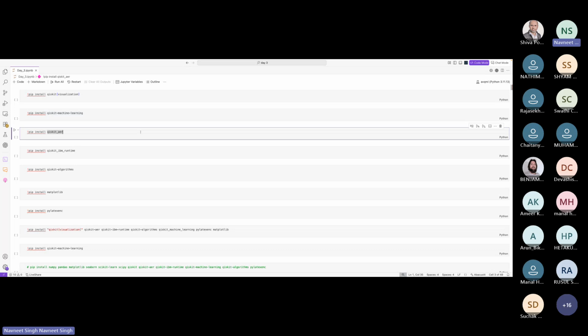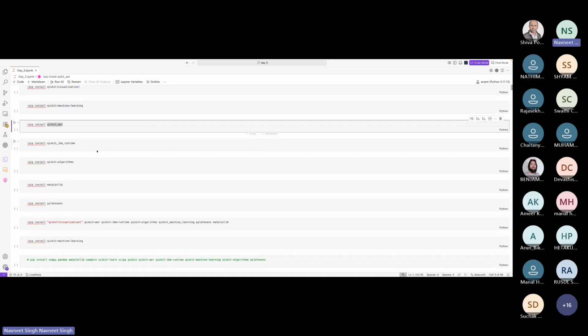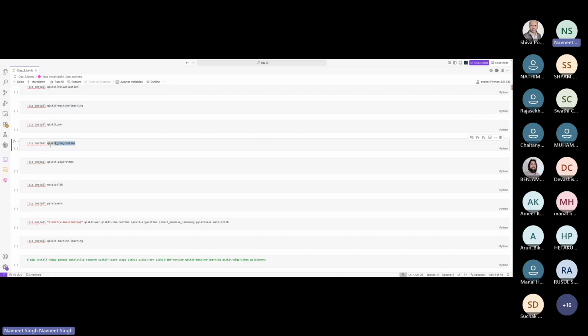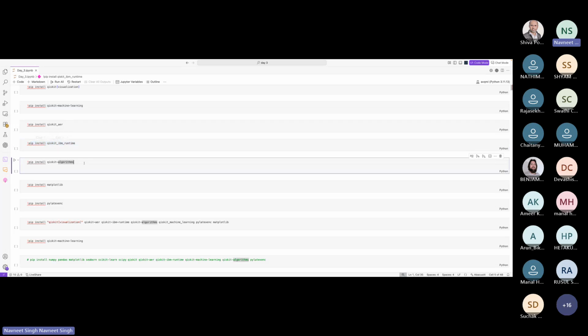If you have Linux systems, then you can also use your NVIDIA graphics cards, and if you have multiple graphics cards, you can parallelize and distribute your task on multiple GPUs. Then this is for runtime, if you want to do runtime experimentation, and this is for algorithms.